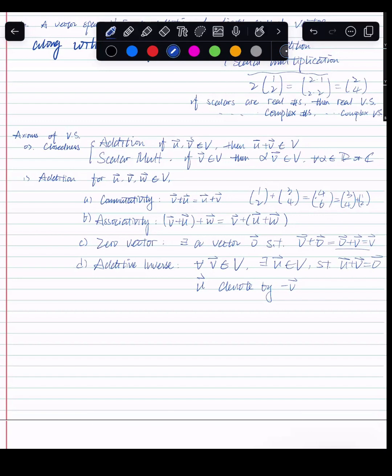Not that you can only perform these, because there are inner products and stuff, but to define a vector space, you only need these two operations. Okay. Right. So then the axioms of multiplication.